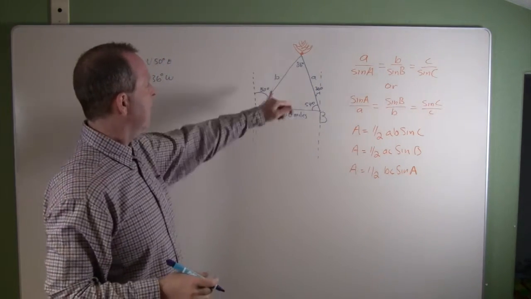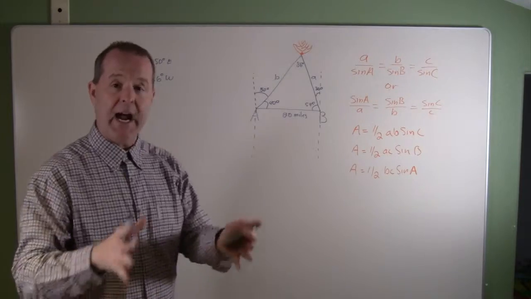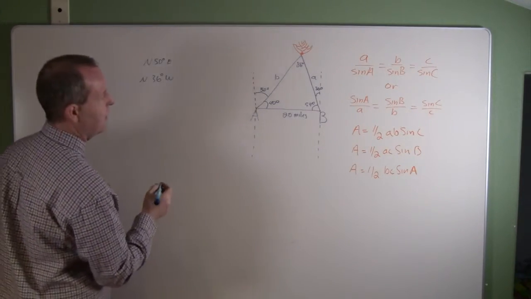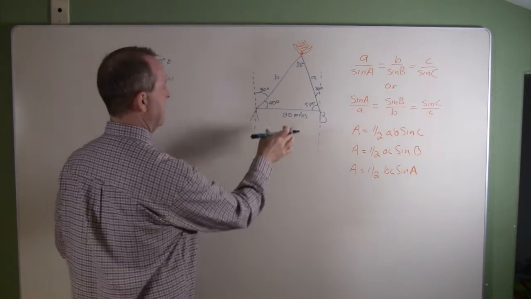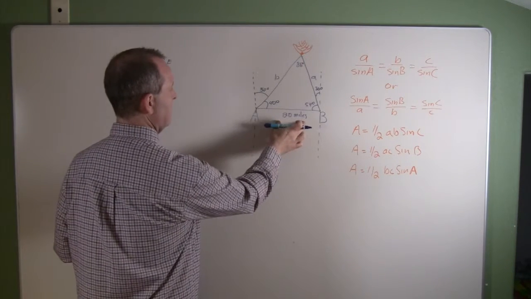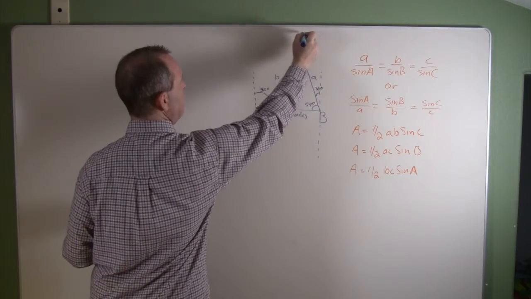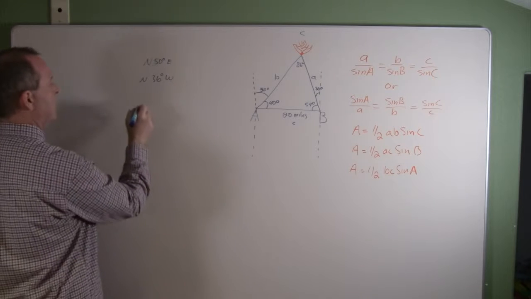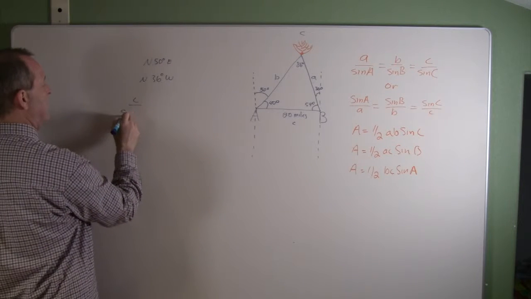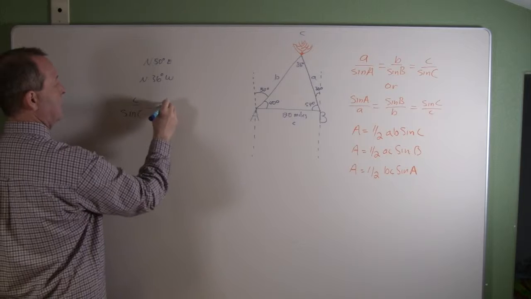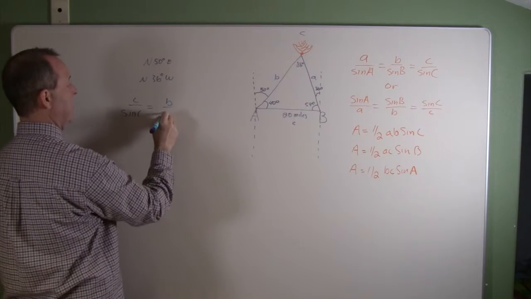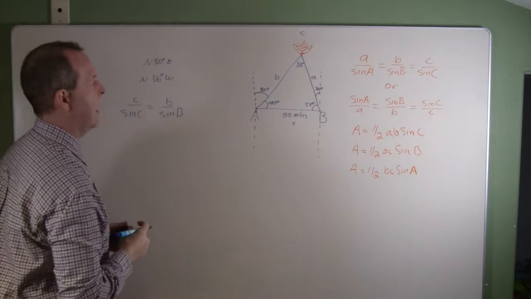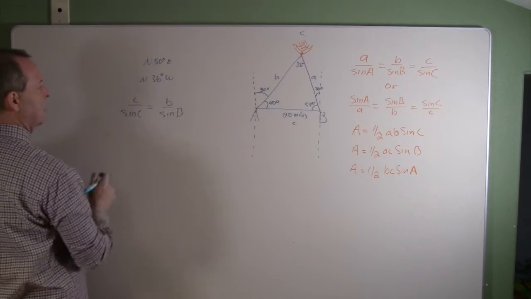From there, I want to find b and a. I can use my law of sines. This is my length c, 20 miles. So we can do c over sine C equals b over sine B. I don't know the length b, so let's solve that for b.